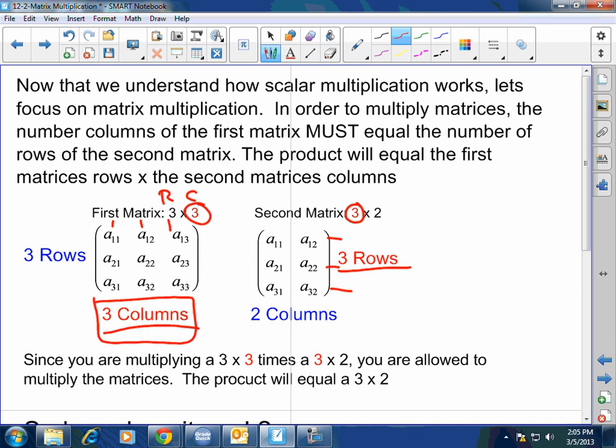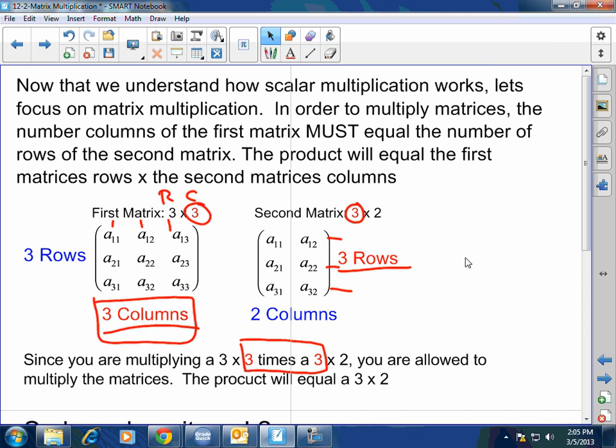If you don't have that, you cannot do it. Since you are multiplying here a 3 by 3 times a 3 by 2, you are allowed to multiply the matrices. If you think about it, the last number must equal the first number. The columns of the first factor must equal the rows of the second factor.